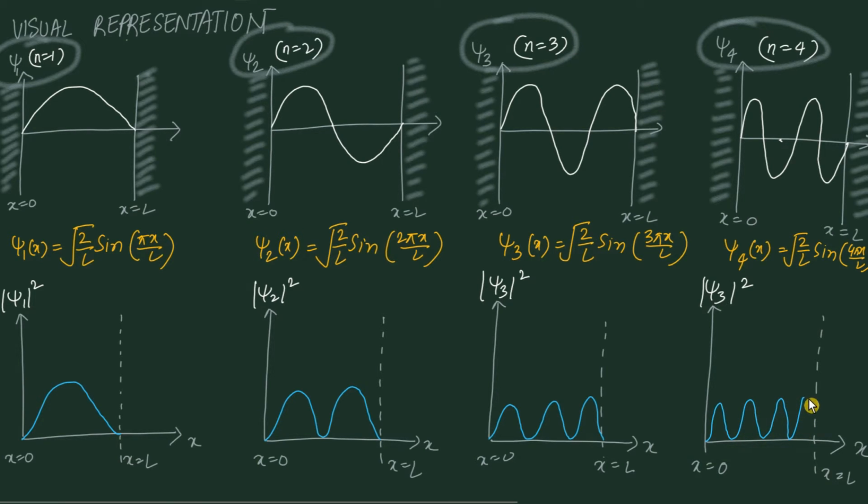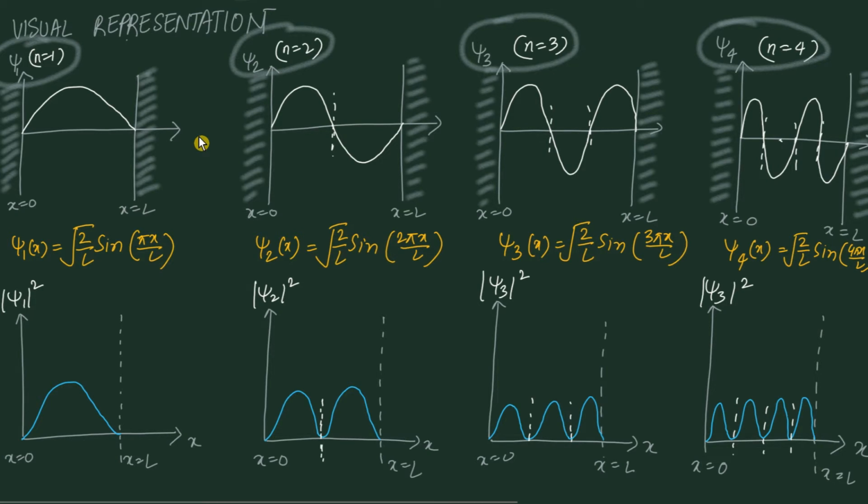As you can see here, this nodal point corresponds to this particular nodal point. So psi is equal to 0 here, and the probability is also equal to 0 here. These two nodal points correspond to these two nodal points here, and these three nodal points correspond to these three nodal points here. So this is a visual representation of the wave functions as well as the probabilities associated with the particle.